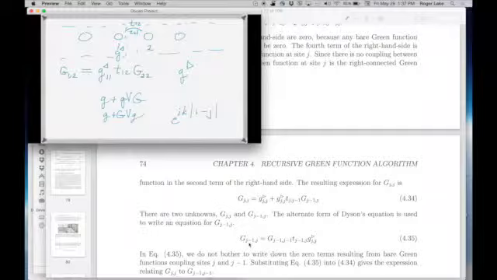So if you have site i and site j, over here it's e to the minus i k (i minus j), and on the other side it's e to the plus i k (i minus j), right? That's a non-analytic function.